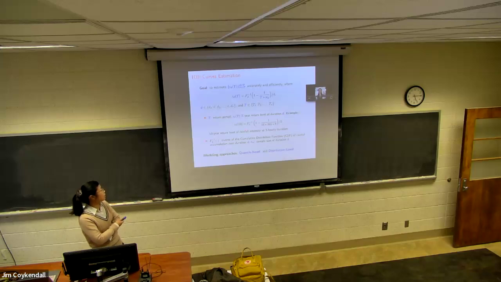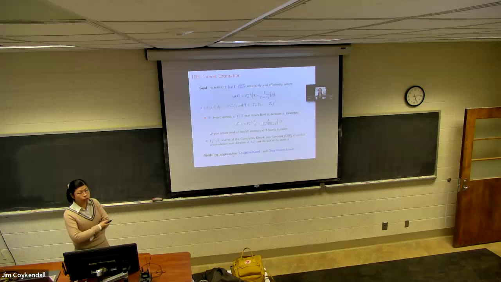In here, this function is actually the inverse of the cumulative distribution function of rainfall accumulation over duration D, and N_D is the sample size of duration. So our goal here is to estimate this function.